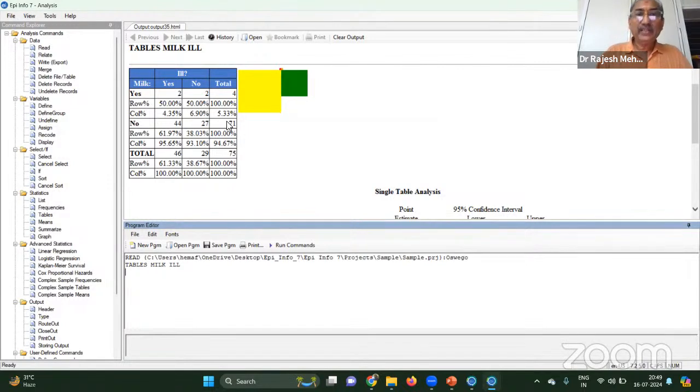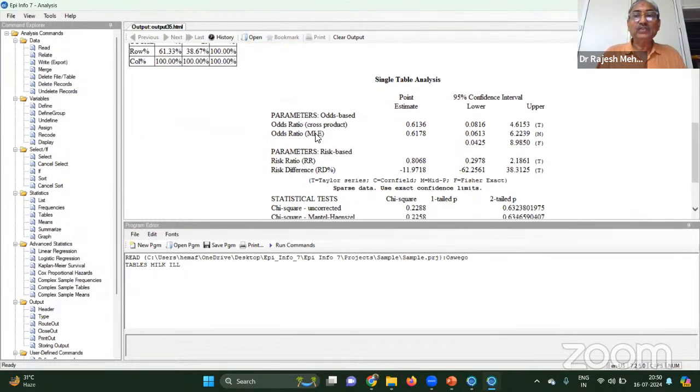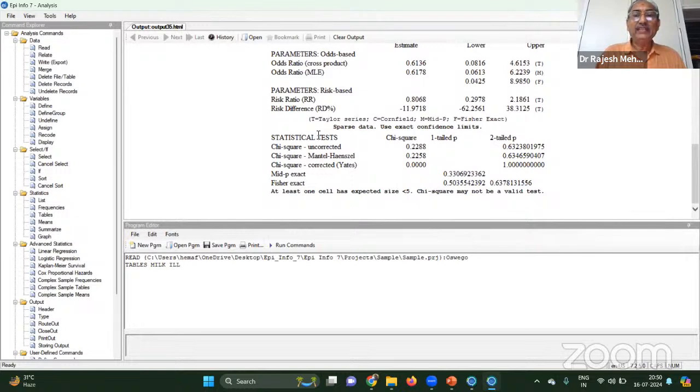Milk was not taken by 71 people and 44 were having sickness. So here it's 50%, here it's 61% sickness out of those who took milk. But then whether this difference is significant or not, we are looking at the p-value. The p-value over here is 0.6, which is much more than 0.05. So we say that it is not significant.